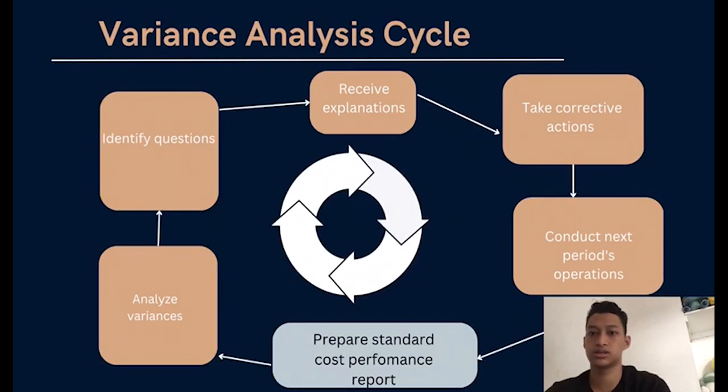Those variances are going to ask certain questions like, why did this variance occur? Why is this variance larger than it was last period? Then significant variances would be investigated to discover their root causes, and then corrective actions would be taken so that the next period's operations are carried out properly. Then we start the cycle all over again.